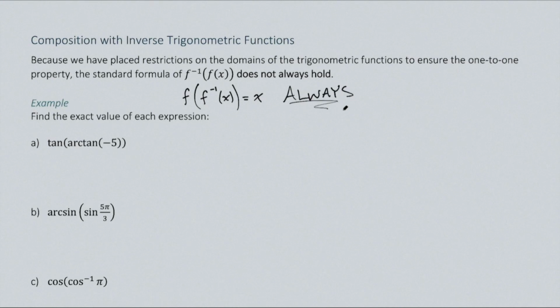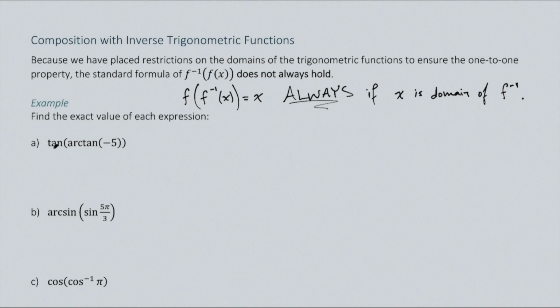So that's really nice. Let's go ahead and see how that comes into play. I should say always if x is in the domain of f inverse. That's the only thing you would need to check here.